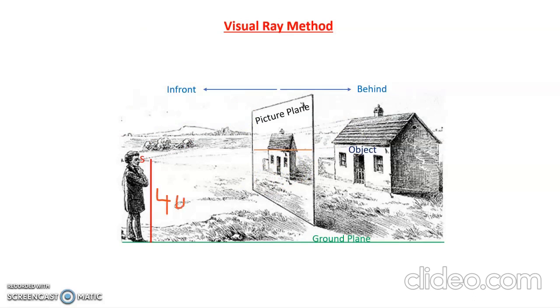There is an axis for this particular object. With respect to the axis, the station point may be left or right, or at the axis itself. These are the three conditions. Here the station point is left of the axis of the object. You can see the question.